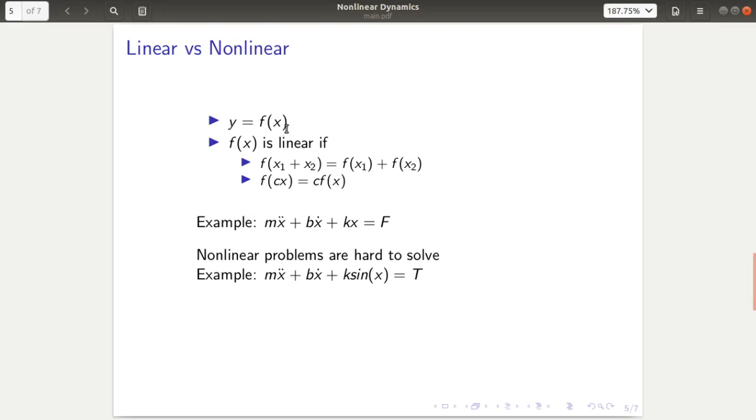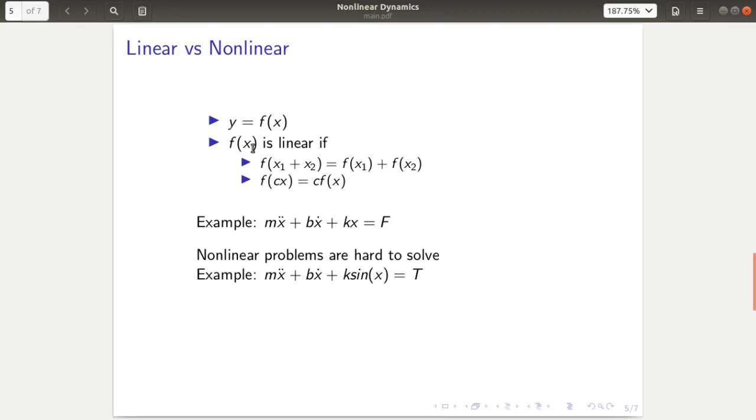If I substitute x1 in this equation, I will get one output which is f of x1, and if I substitute x2, I will get some other value which is f of x2. Now, if I add x1 and x2 first and then substitute the sum into this equation, I will get one output, and that output will be exactly the same as the sum of the individual outputs when I substitute them independently. So that's one of the properties.